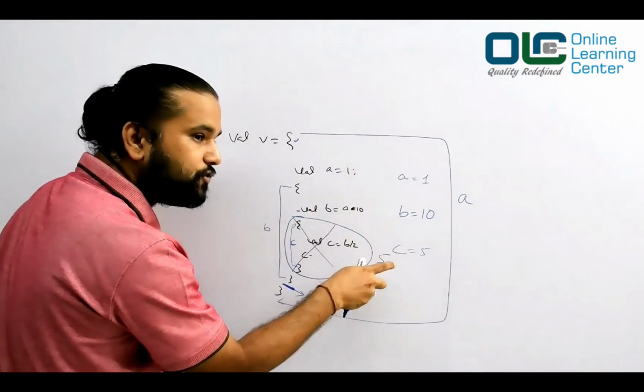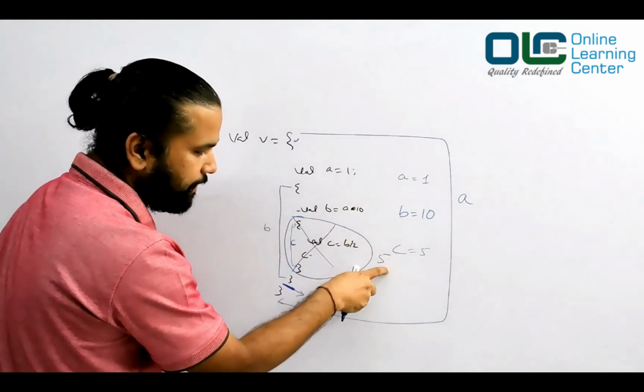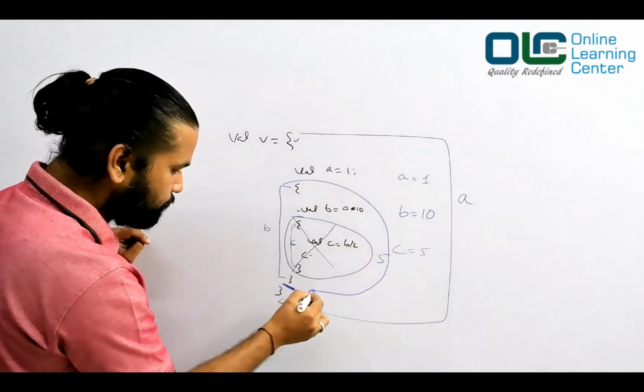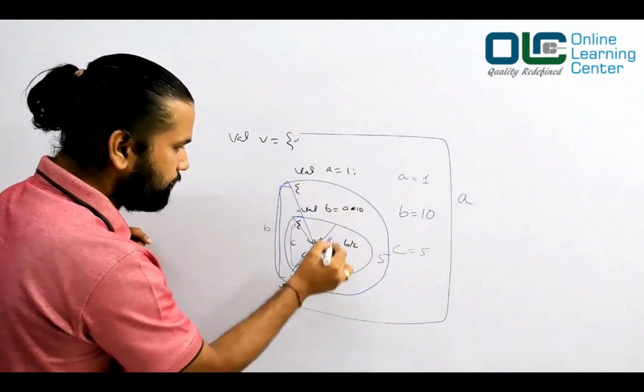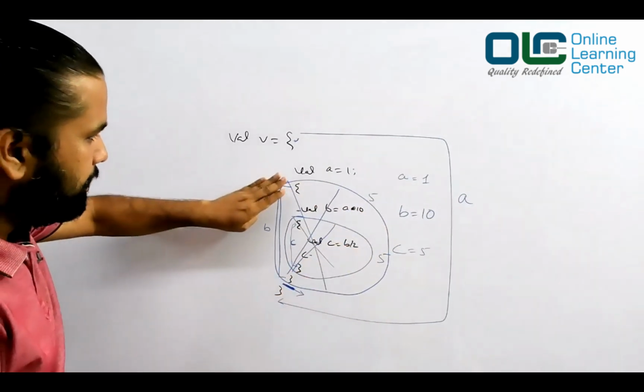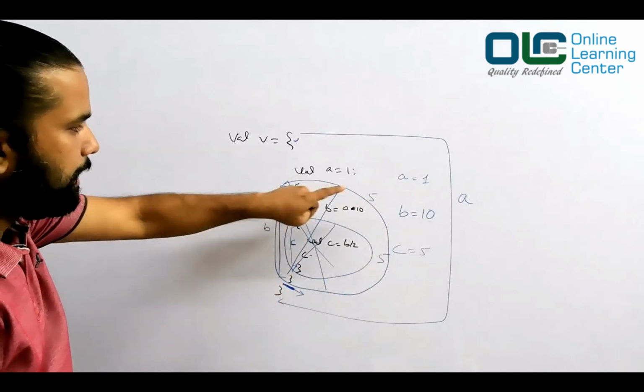Because the last line is 5, this would be evaluated to 5. So you can also cancel this out and just write 5. Now I can erase this completely and I have just 5.